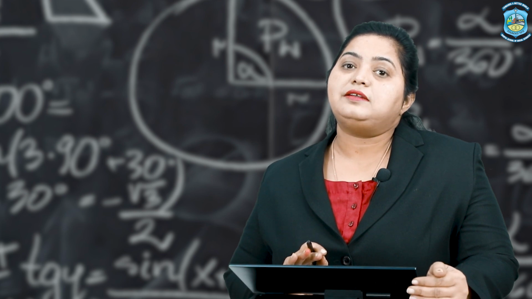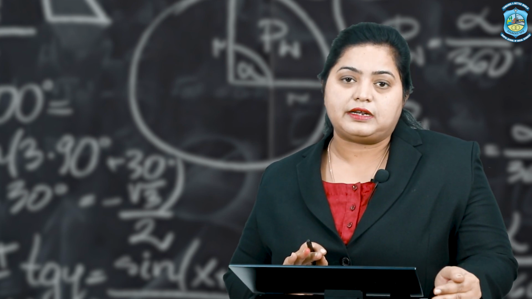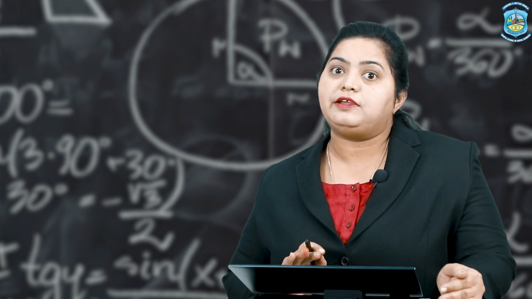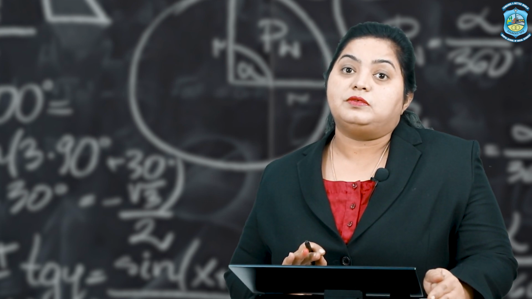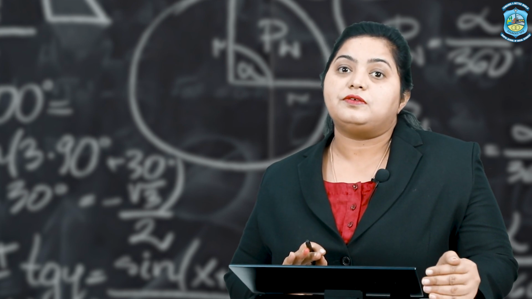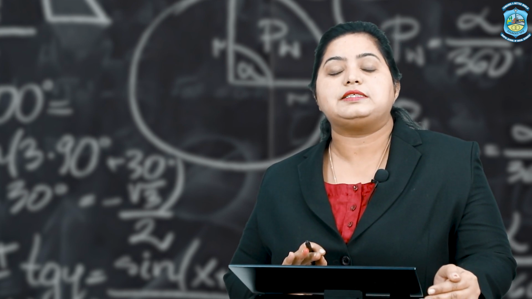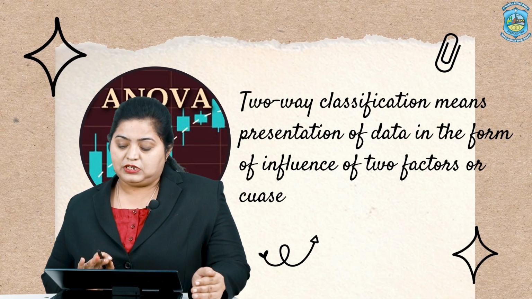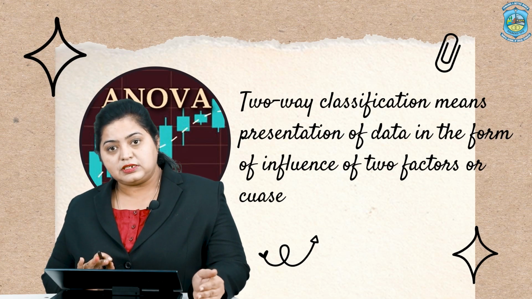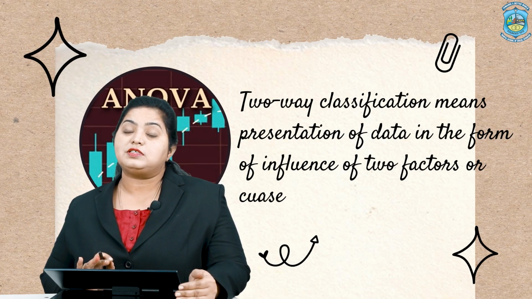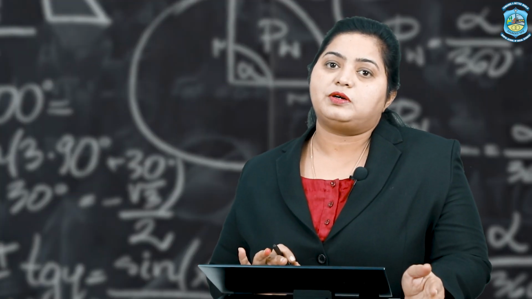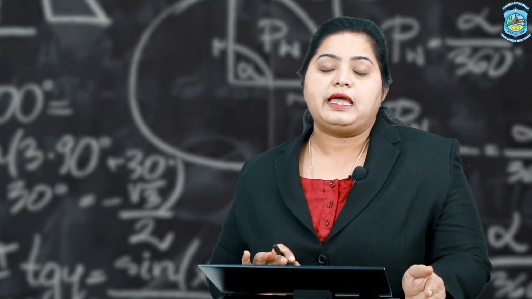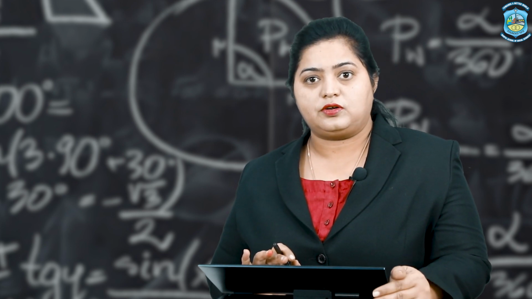Now, if the factors increase, like with the rice variety, if the plots are different, then two factors are involved in that problem. So that problem will reflect the two-way classification of ANOVA. The definition of two-way classification of ANOVA is the representation of data in the form of influence of two factors or causes. We already discussed the assumptions of ANOVA, and those assumptions are followed here also.